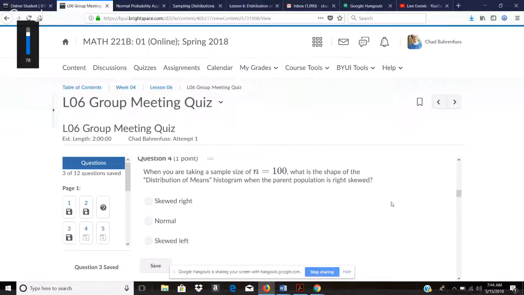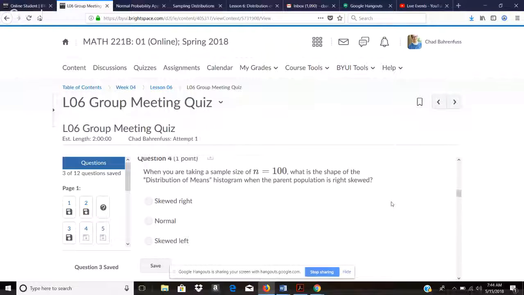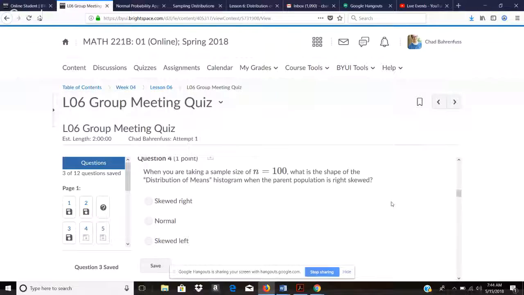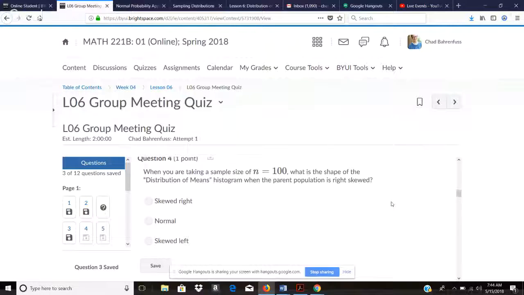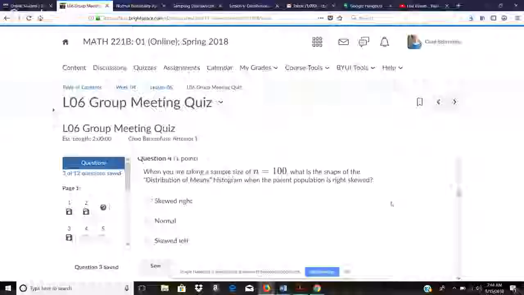In the sample size, even if it's, the sample size is big, is more than 30, that makes it normal. And I think the first one.